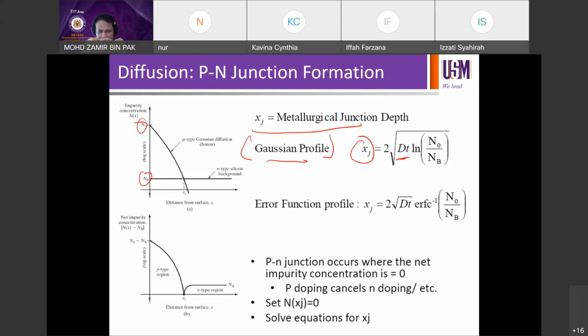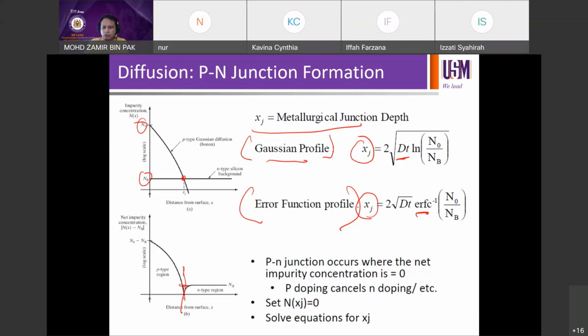Is the Dt information given? For error function, your Xj will be given by a different formula: 2 times square root of Dt, times error function inverse of N0 over NB. The p-n junction occurs when the net impurity concentration is 0, pretty much the intersection between this and this. So it is roughly around here, Xj, right?